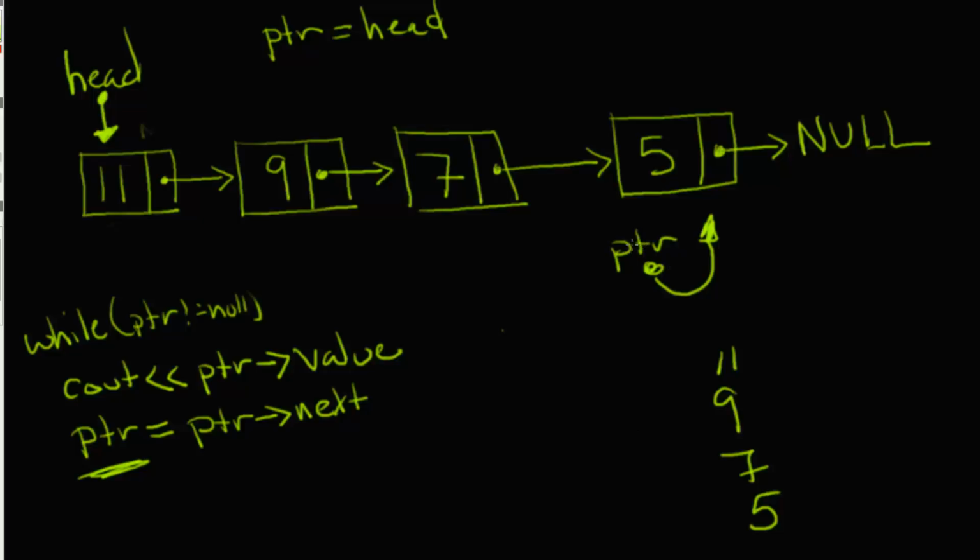And then I move ptr with this last statement here. And then ptr now points to null. So while ptr is not null, do this. The minute ptr became null, then our loop terminates.